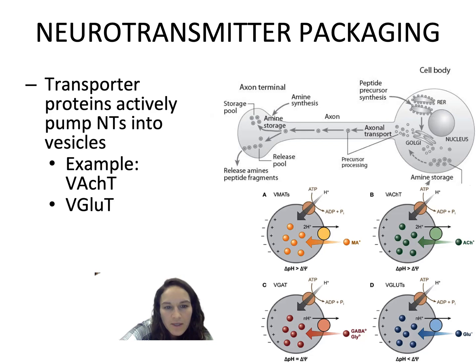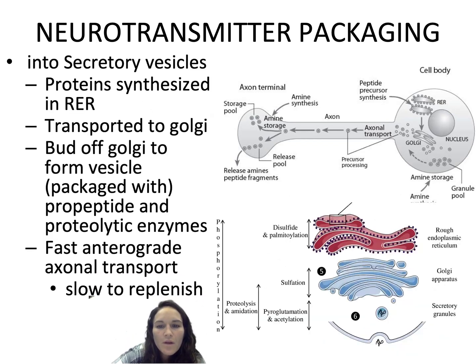In terms of the neuropeptides, they're synthesized in the rough endoplasmic reticulum. They're transported to the Golgi apparatus where they bud off as synaptic vesicles, and they're already packaged into the synaptic vesicle along with the enzymes that are going to be needed for further proteolytic processing of the peptides.